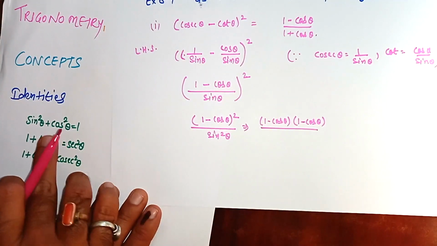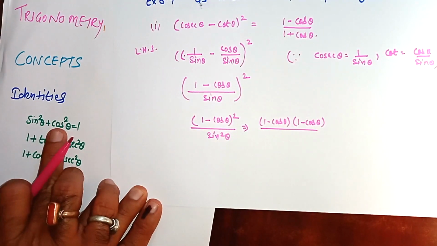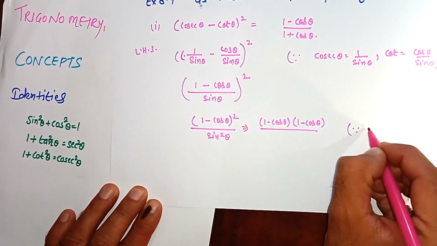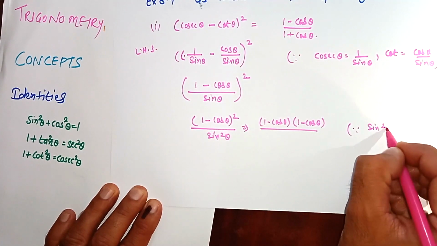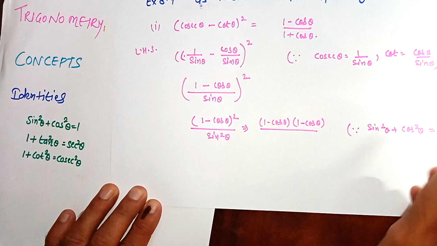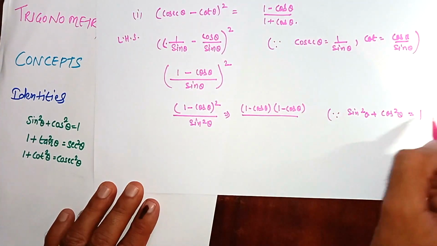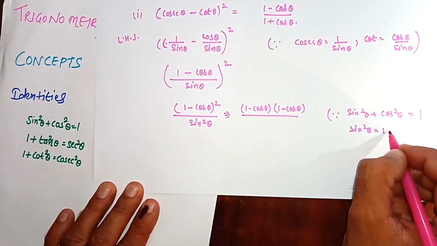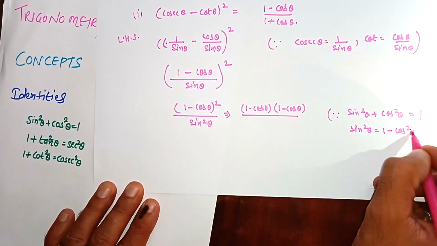Now coming to the identity, we know that sin square theta plus cos square theta equals 1. So we can write, since sin square theta plus cos square theta is equal to 1, sin square theta is equal to 1 minus cos square theta.